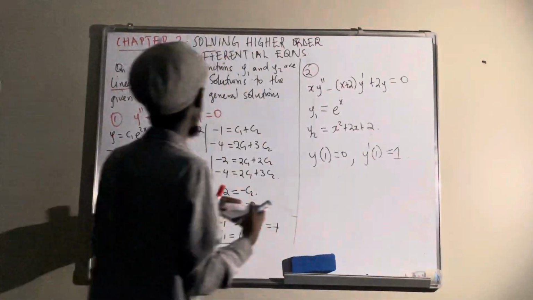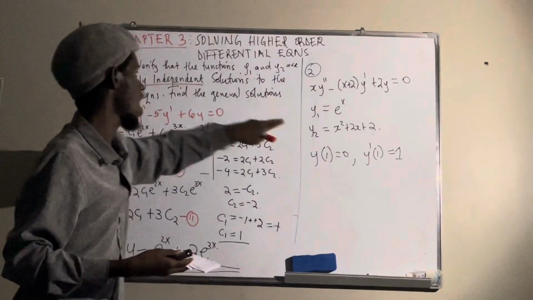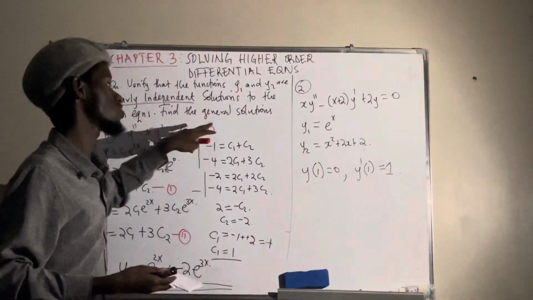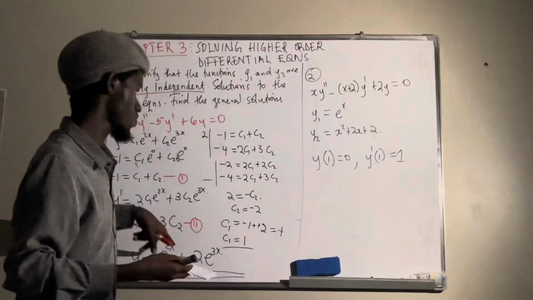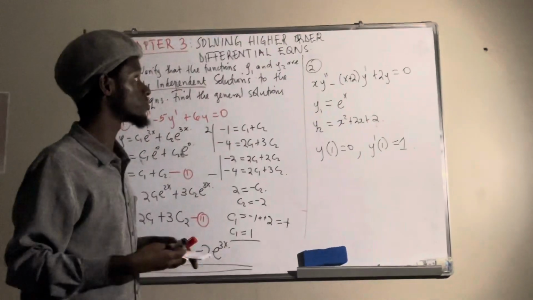I want you to show me that these two solutions given to you are linearly independent, and hence find the general solution with C1 and C2 not equaling 0.